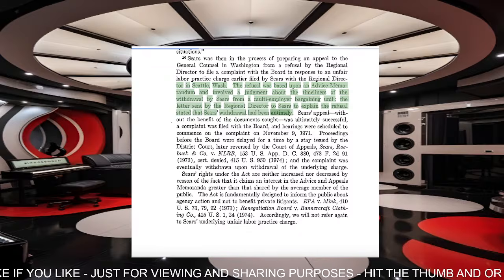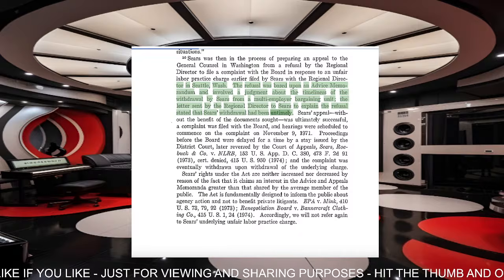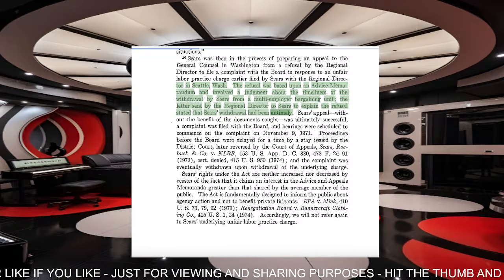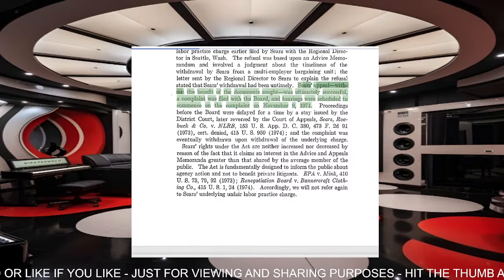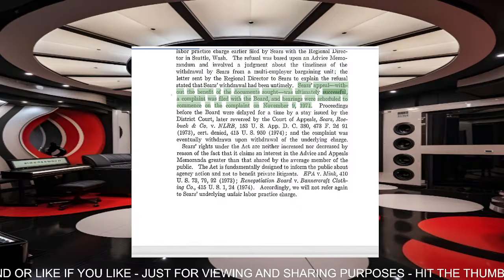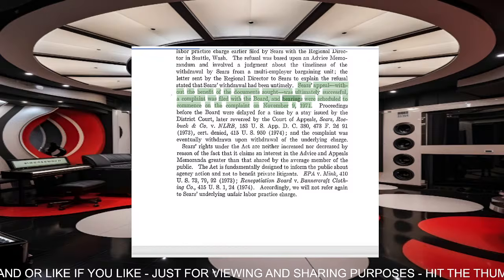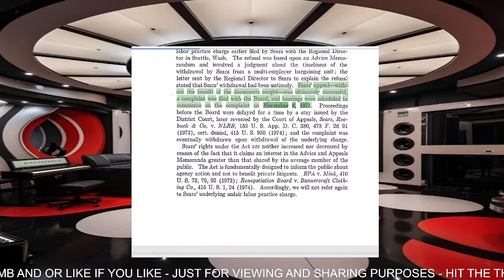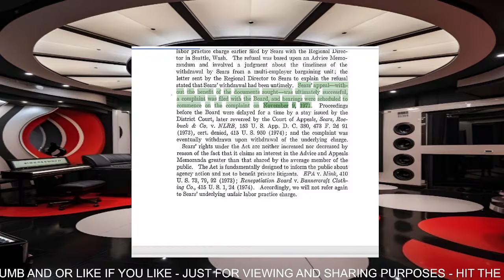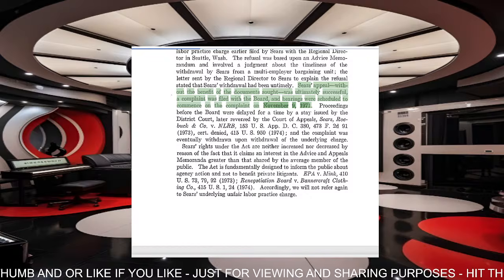The letter sent by the Regional Director to Sears to explain the refusal stated that Sears' withdrawal had been untimely. Sears' appeal without the benefit of the documents sought was ultimately successful. A complaint was filed with the Board, and hearings were scheduled to commence on the complaint on November 9, 1971.